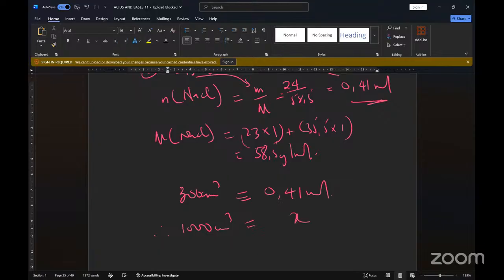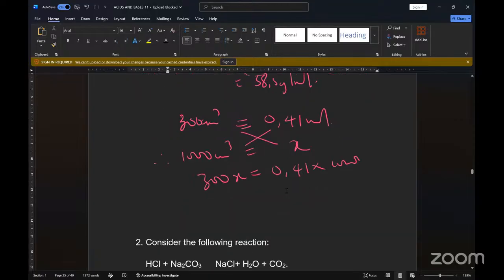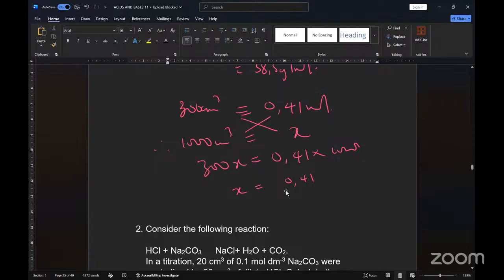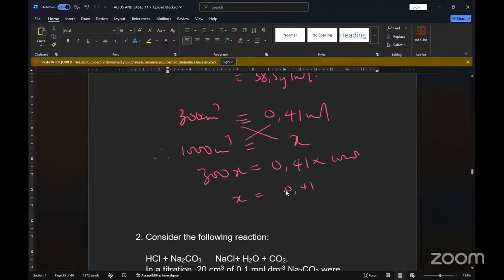You call it x. So you can cross multiply this quickly and say that 300x is equal to 0.41 times 1,000. So your x is going to be 0.41 times 1,000.